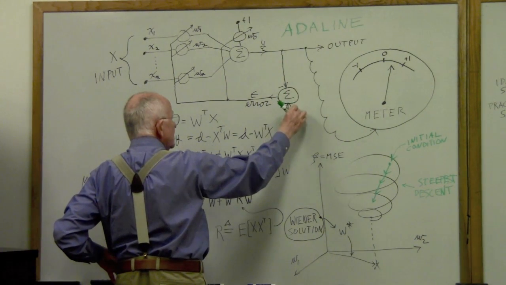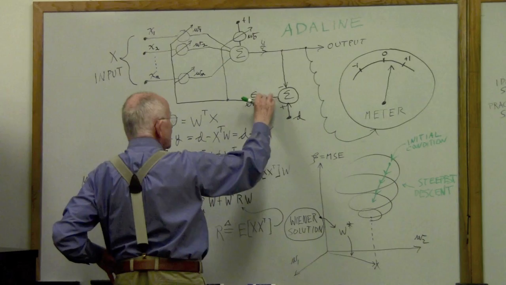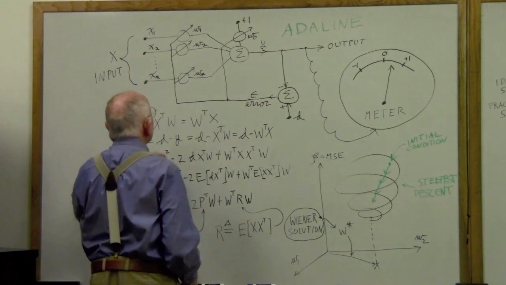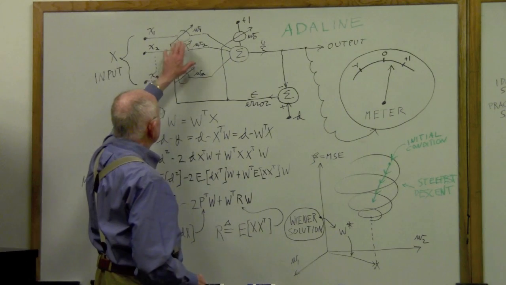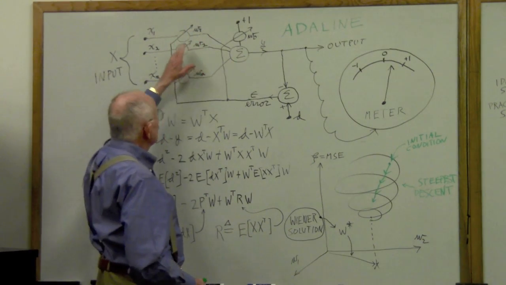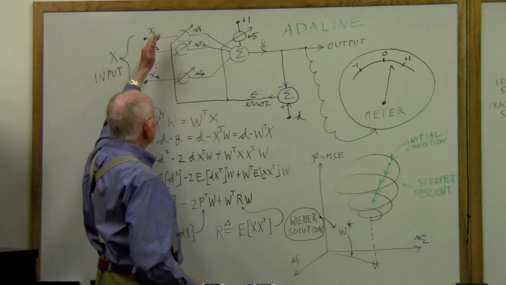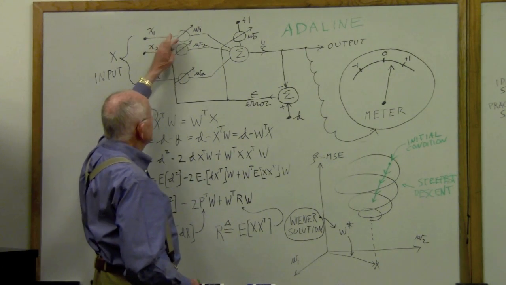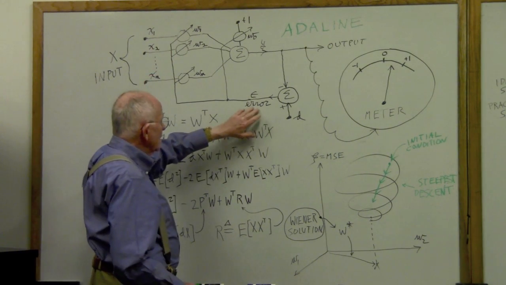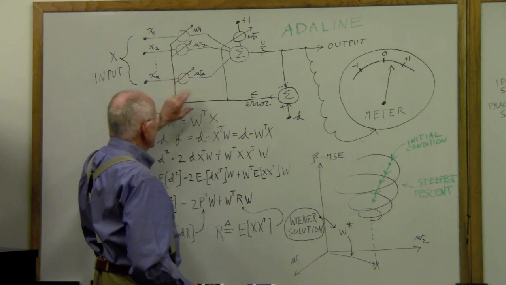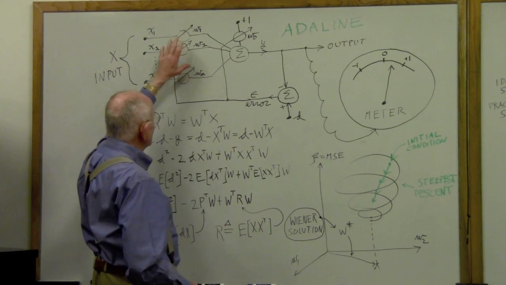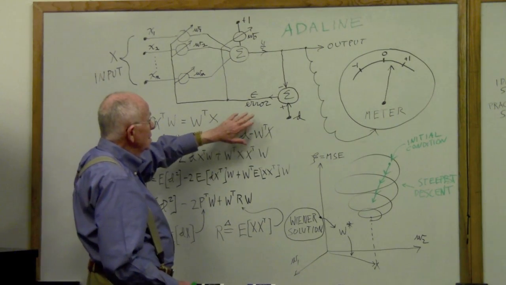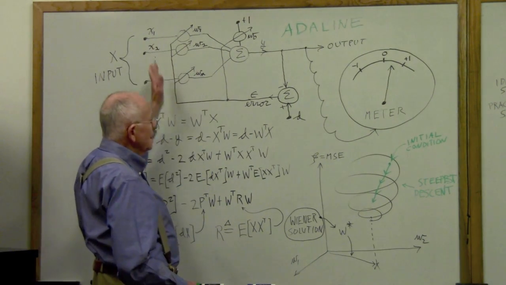The difference between the two is an error signal, and the error is used in adapting the weights. Now, the weights are represented by circles with arrows through them. The arrow through the circle indicates that the coefficient, or the weight, is adjustable. So the error has to do with adjusting the weights, and what we'll do is to adjust them to minimize the mean square of the error averaged over all the training patterns.